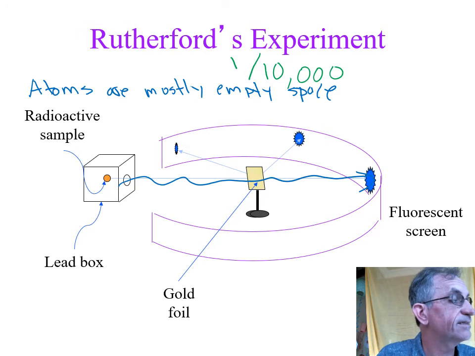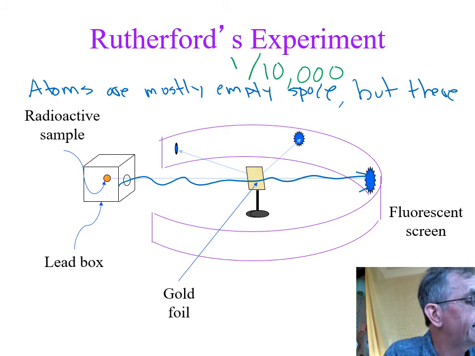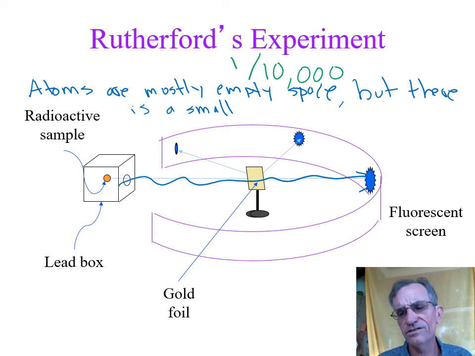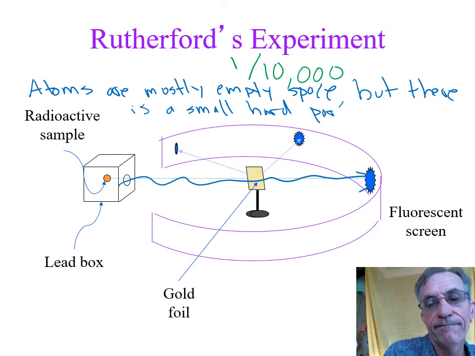But he also learned that there is a small hard part, a small hard something that you can hit and that makes you bounce back. There is a small hard part in an atom.